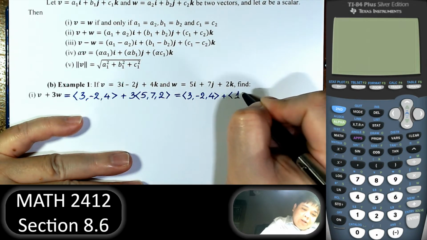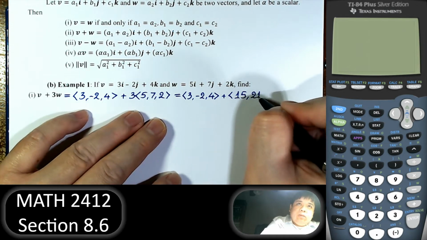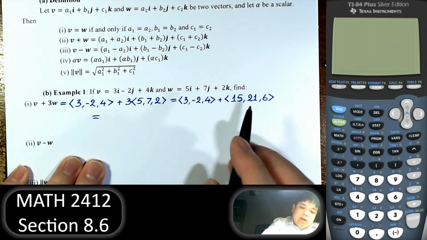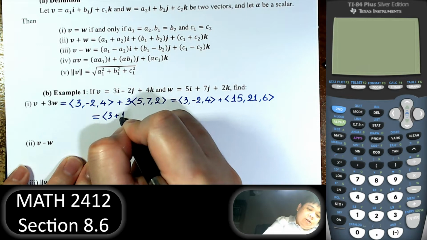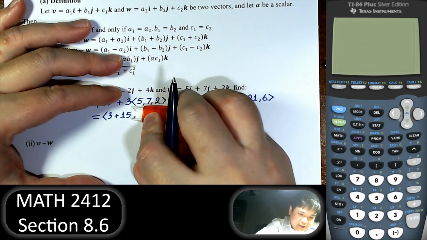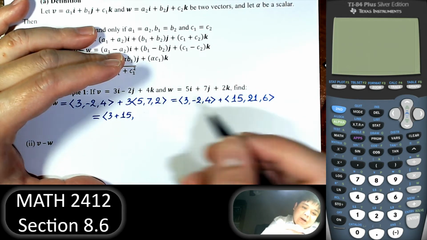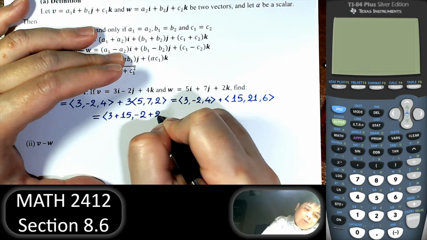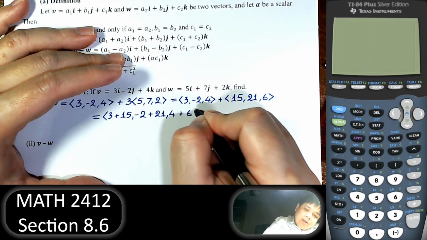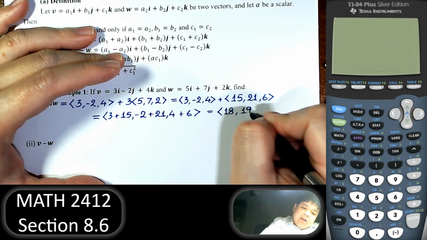So 15, 21, and 6. And then when we add the vectors, we add the components. 3 plus 15, negative 2 plus 21, and 4 plus 6. So we have 18, 19, and 10.